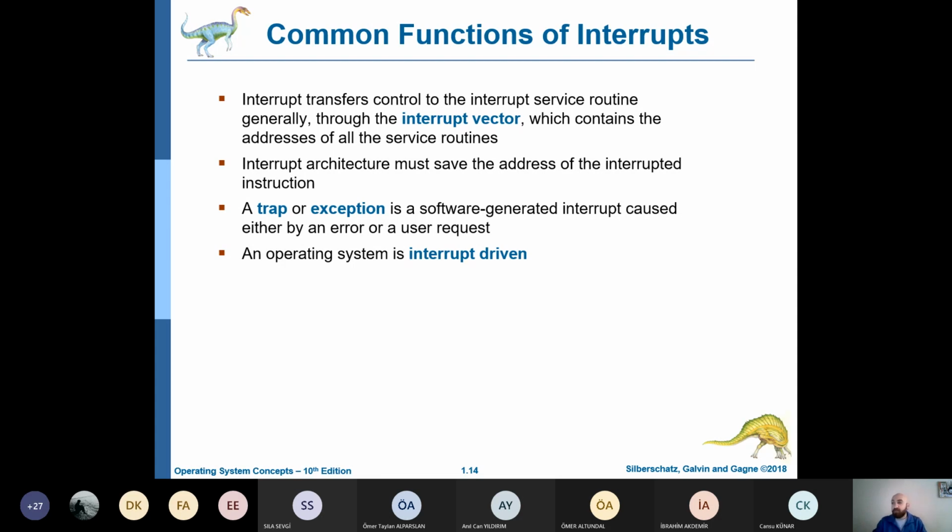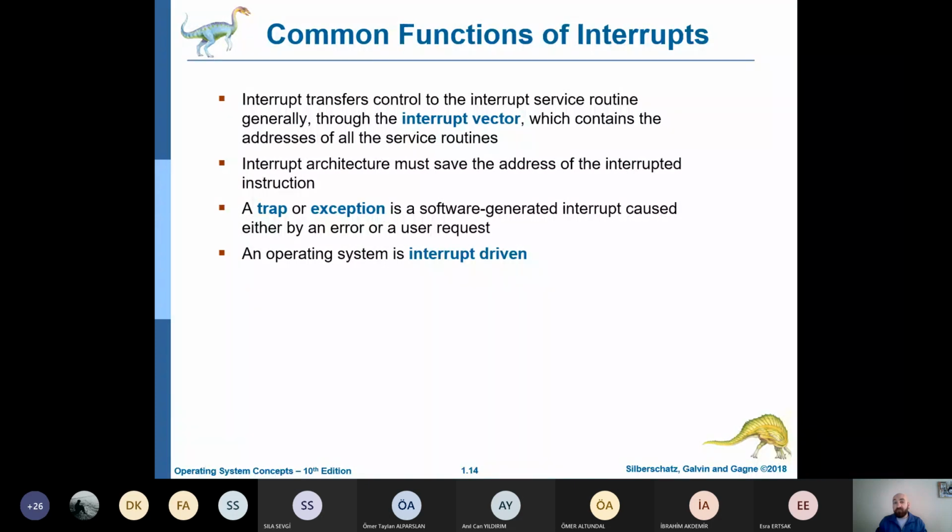Also, we have some new terms, trap and exception. A trap or exception is basically a software-generated interrupt caused either by an error or a user request. Basically, when we say interrupt, we generally indicate that the call comes from hardware, but software can generate interrupts too, and generally they are called a trap or exception.